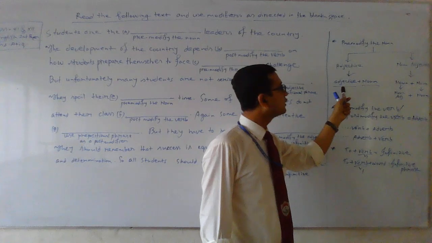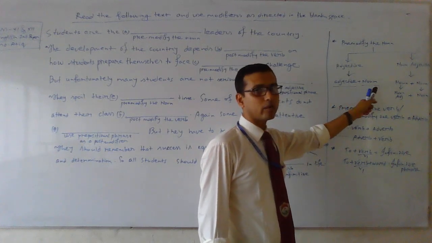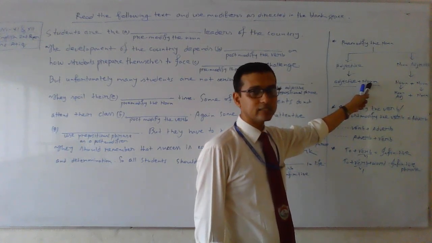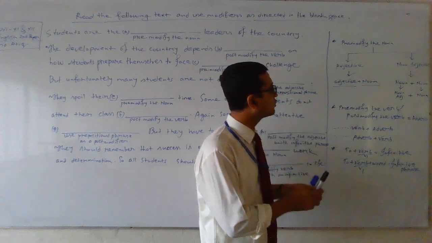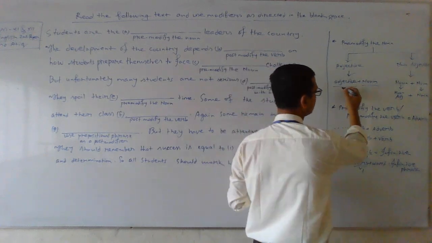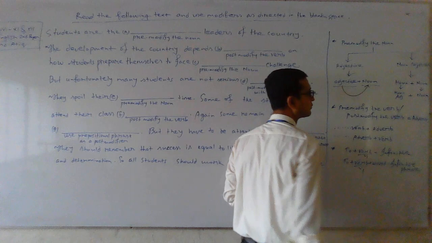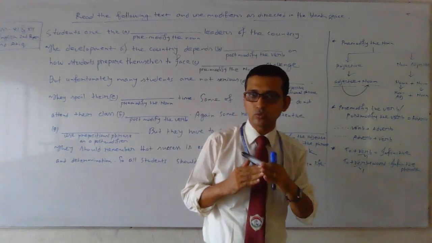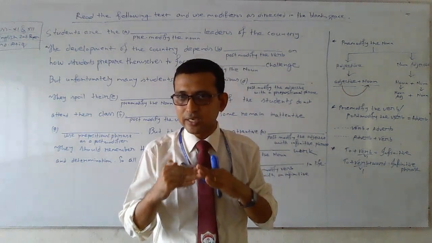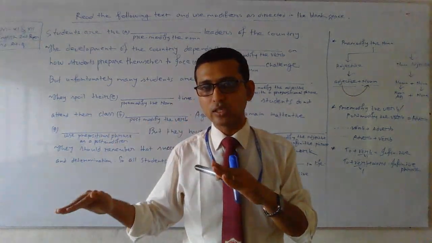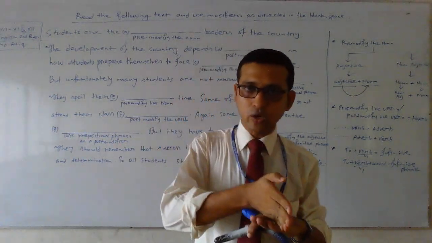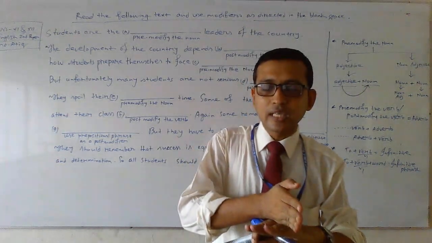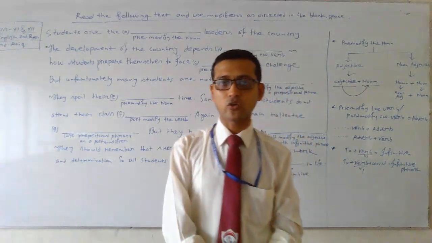Adjective plus noun equals a combined noun. Noun is the head word. A noun can be modified with an adjective. Similarly, what is the non-adjective? Two nouns take place side by side. If the later noun is modified by the prior noun, that prior noun can be termed a non-adjective.